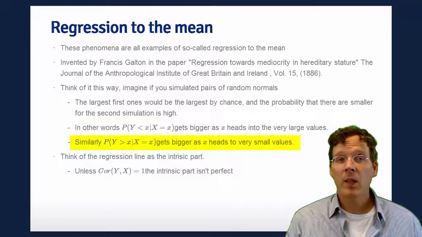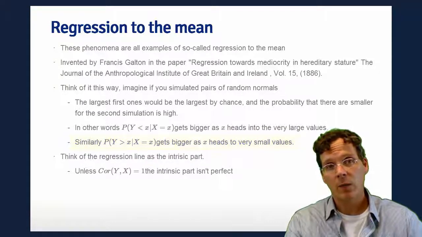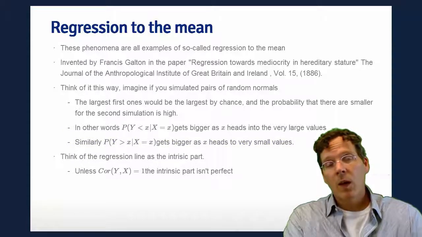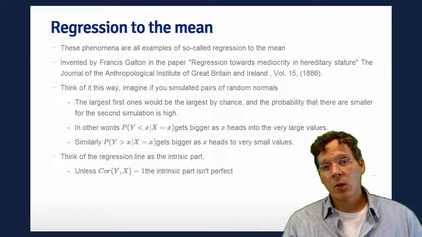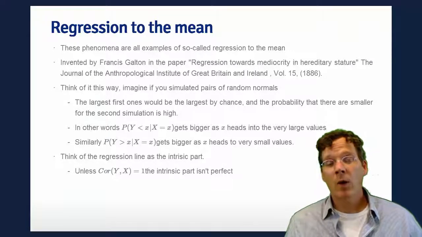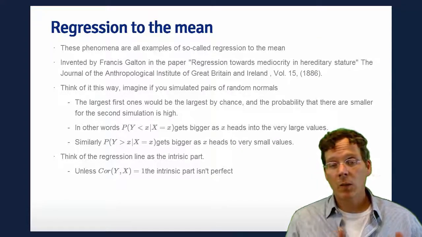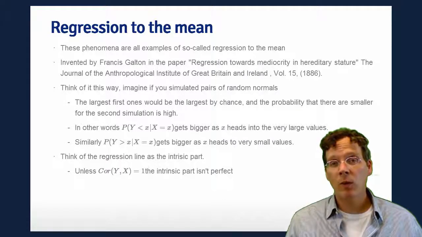The same thing, in other words, is that the probability y is greater than x, given that x equals x, is going to get bigger as x heads to smaller values. This extreme version of regression to the mean, where there's 100% regression to the mean, is what I like to think about. However, in most cases, there's some blend of some intrinsic component and the noise.